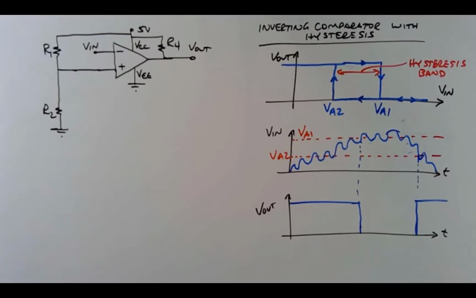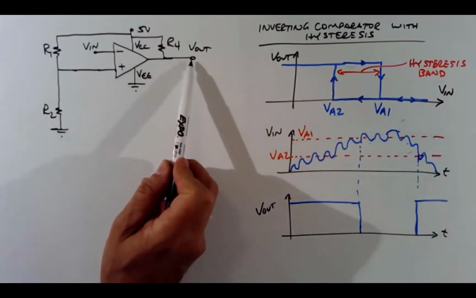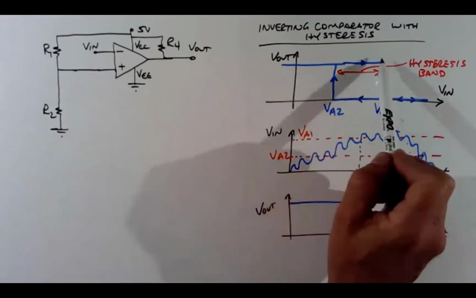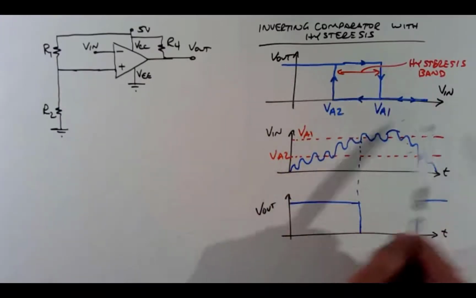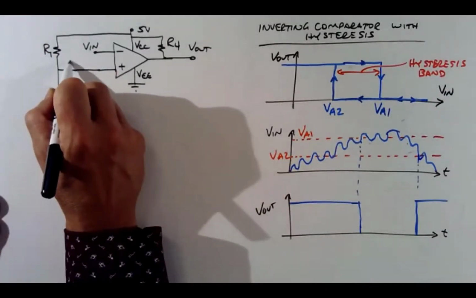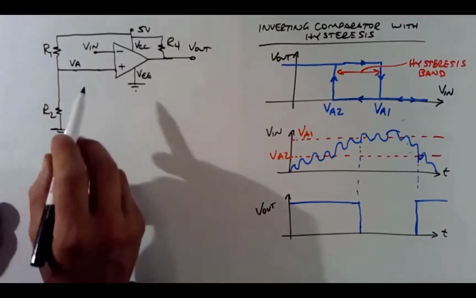And I'm going to add just one component to cause this to happen. I want the output to affect the threshold. In other words, when the output is high, I want the threshold to be VA1. When the output is low, I want the threshold to be VA2. Where this is VA right here, right? VA is that node connected to the non-inverting input.